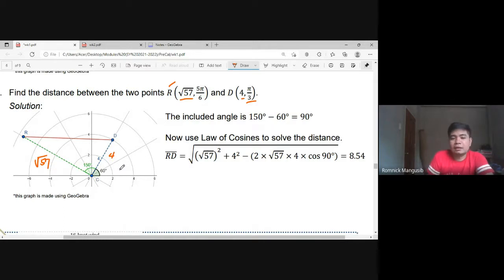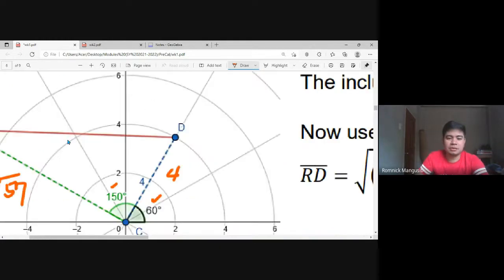Kung ang angle na meron si point R ay 5 pi over 6 at ang 5 pi over 6 ay 150 degrees tulad na nakikita niyo sa green at ang pi over 6 ay 60 degrees. So ano ngayon ang included angle? Kaya very necessary na kailangan tignan mo yung illustration muna.